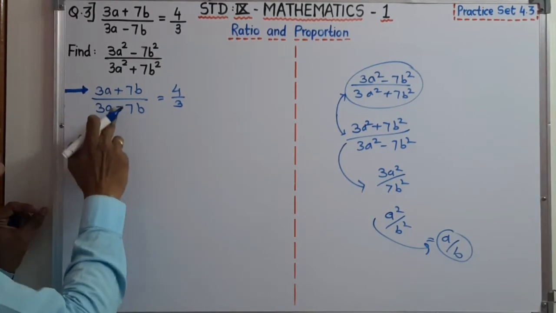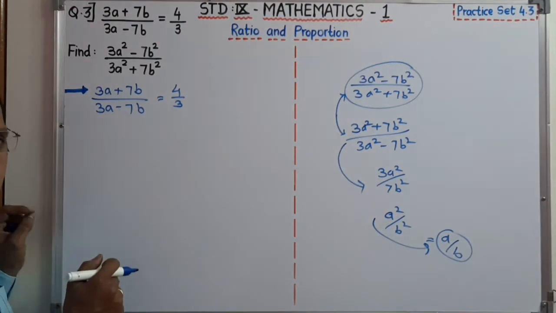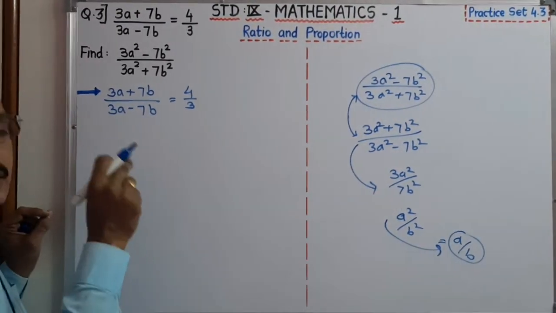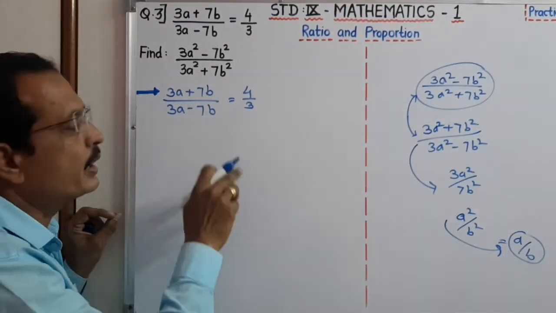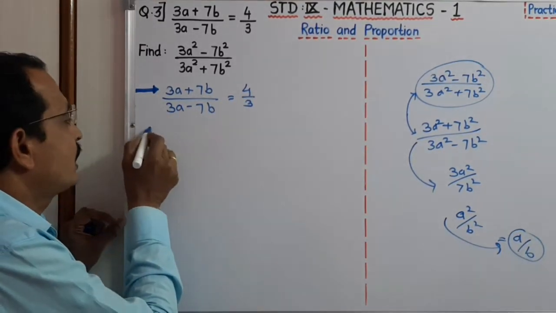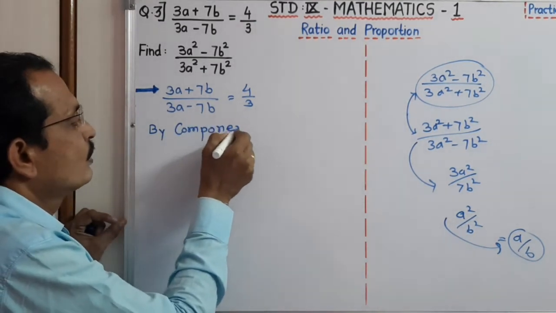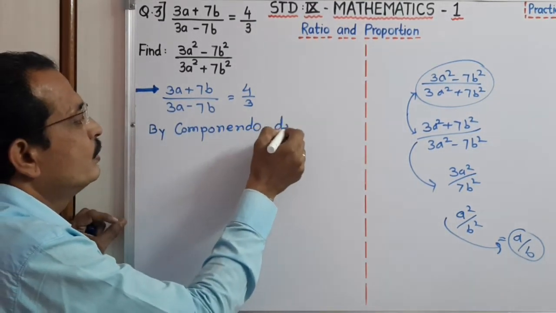In this ratio which property is applied? Yes, it is componendo dividendo. Therefore that property we have to apply again on both the ratios. On both the ratios is important. Therefore directly we can write by componendo dividendo.